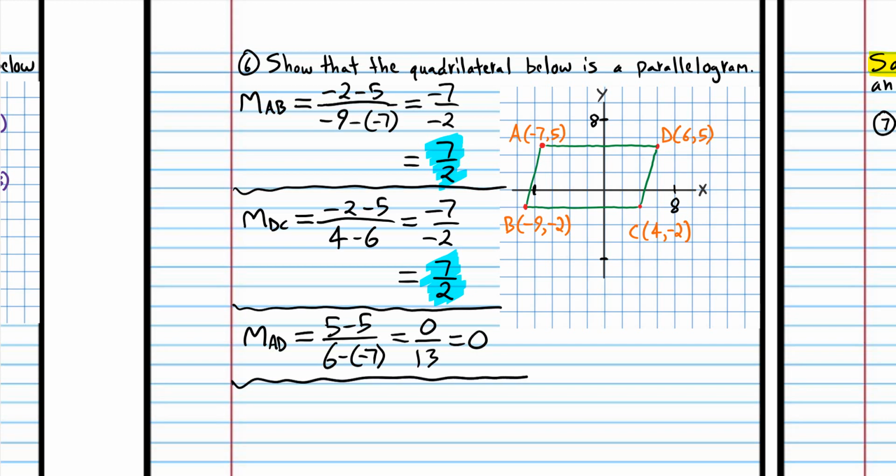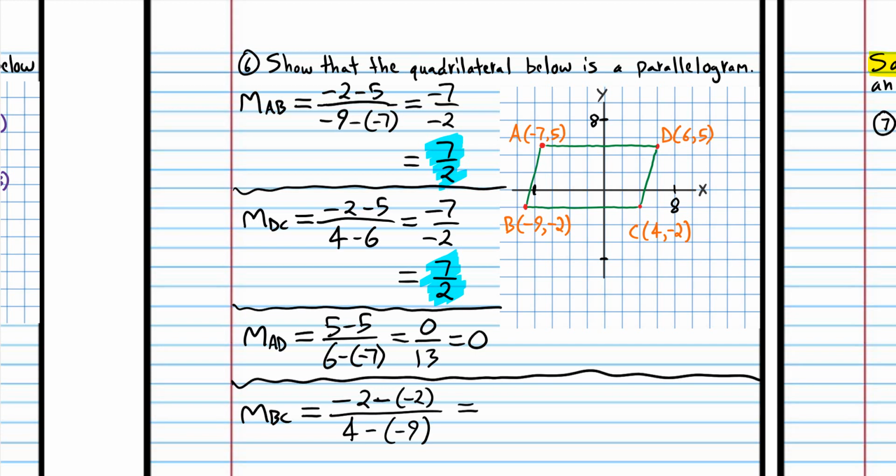So when we find the slope of the opposite side, which is BC, that slope should also be 0. Using B as the first point, we have negative 2 minus negative 2, over 4 minus negative 9. And that would be negative 2 plus 2.